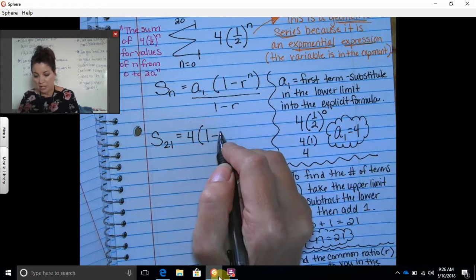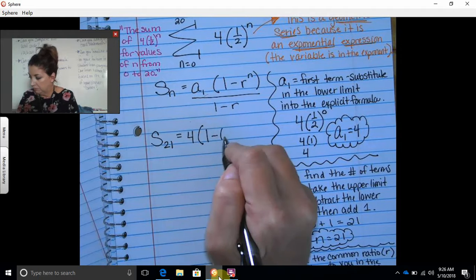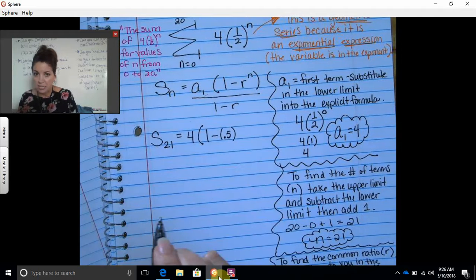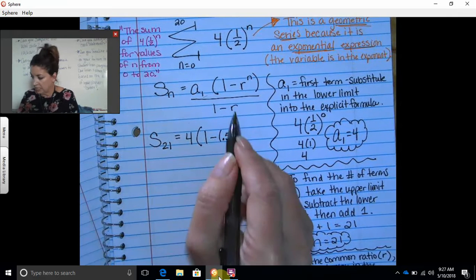And I'm thinking it might be easier to just call that a 0.5. And I'm going to be really careful about my penmanship because that's going to mess me up with all these parentheses and decimals and whatnot. Raised to n, which is the number of terms in the sequence. In this case, that's 21.